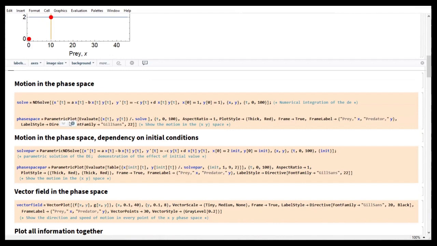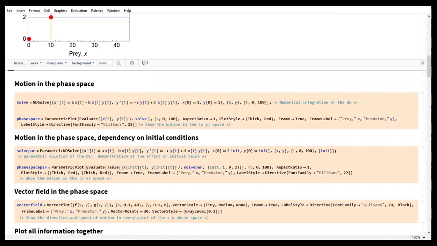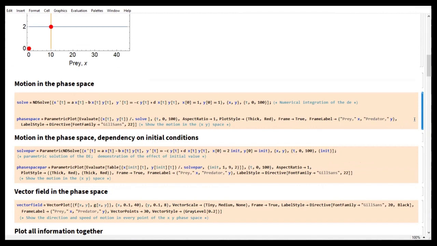And after that, we visualize this solution in a parametric plot, which means that we visualize the motion as a function of x and y. This is the parametric plot, and we only give some additional modification to give a nice picture, such as how thick the lines are and so on.